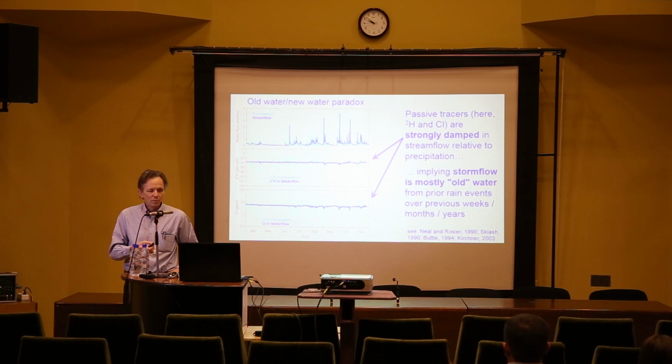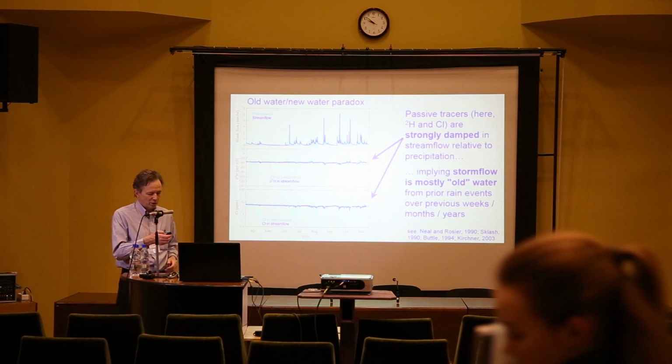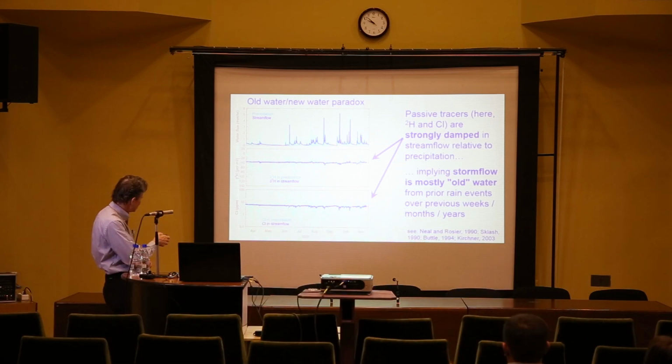We know that if the storm flow peaks were mostly new water, then passive tracers should resemble the new water, but they don't. And unfortunately, because of the projector, you cannot see that the precipitation signal here is basically filling this graph. And the stream flow signal, on the other hand, is this very thin line.